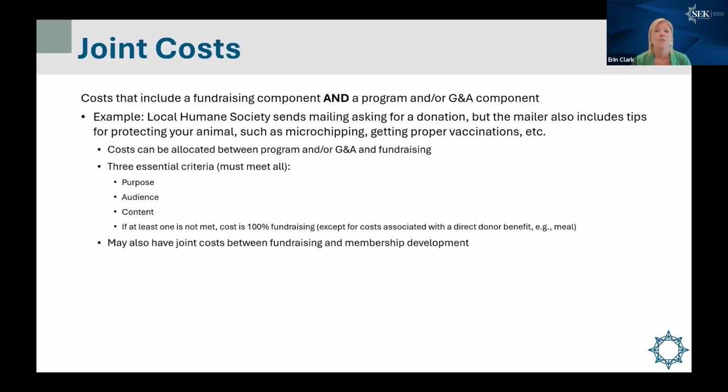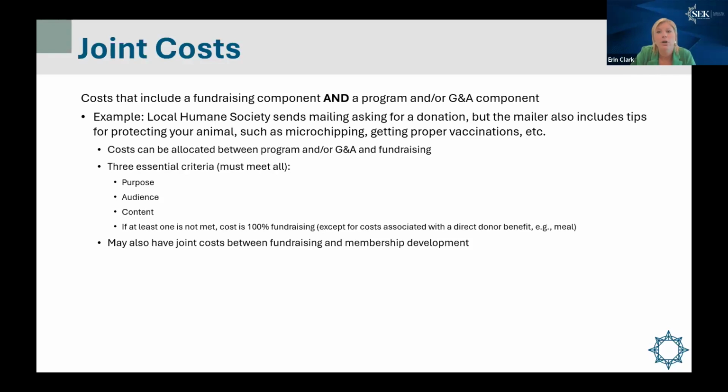Because in this case, the shelter is in existence to further the mission associated with protecting and caring for animals. So in this case, the cost that you are spending for this mailer, and maybe it is salaries to an individual that is putting it together, actually doing the mailer itself.